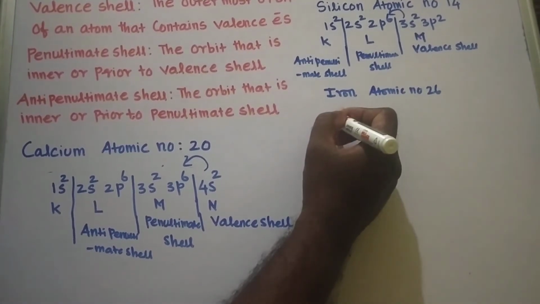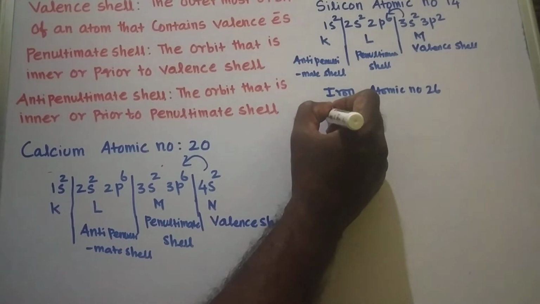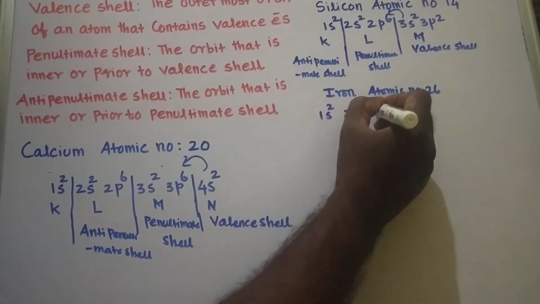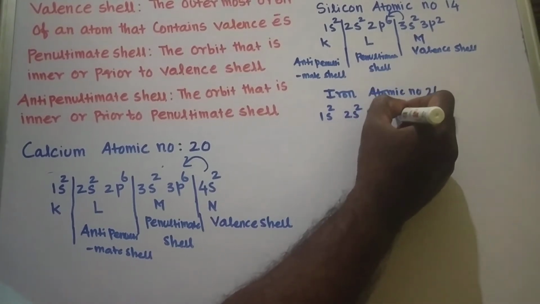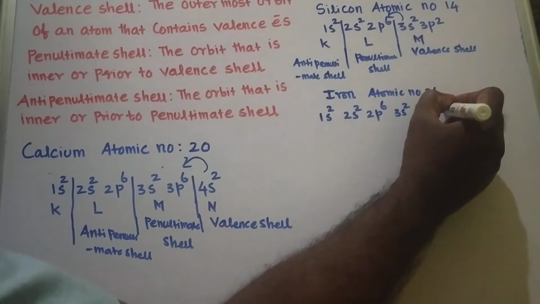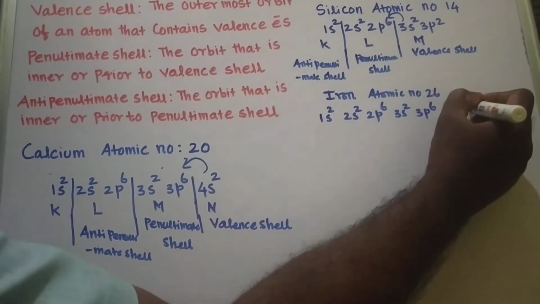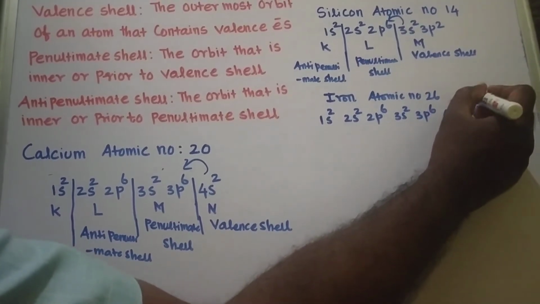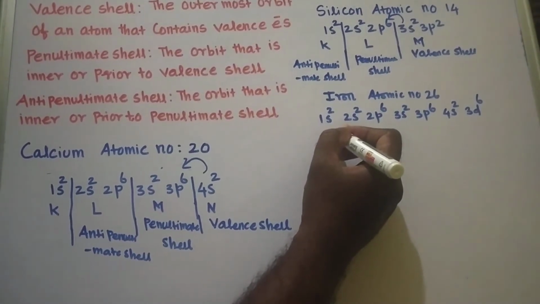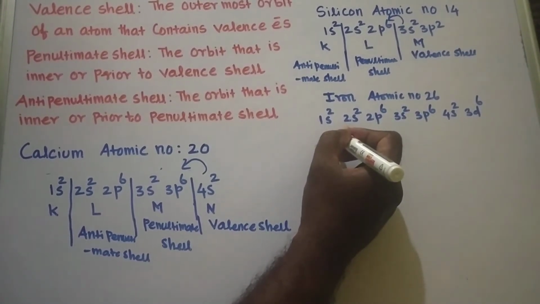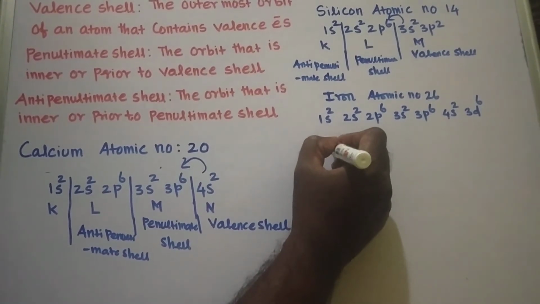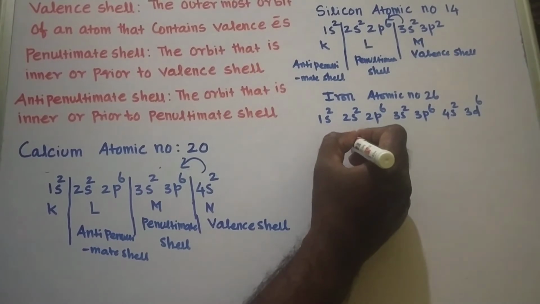Now we are going to get the electronic configuration: 1s2, 2s2, 2p6, 3s2, 3p6, 4s2 and 3d6. Now this electronic configuration is rearranged according to the principal quantum number value.